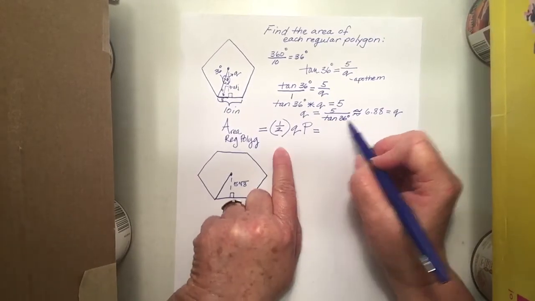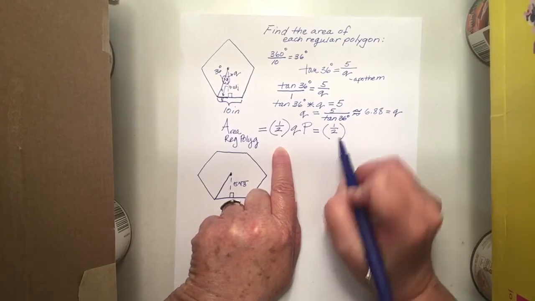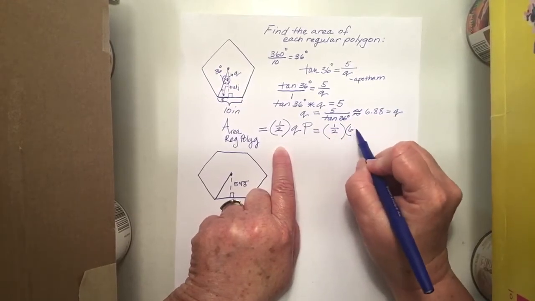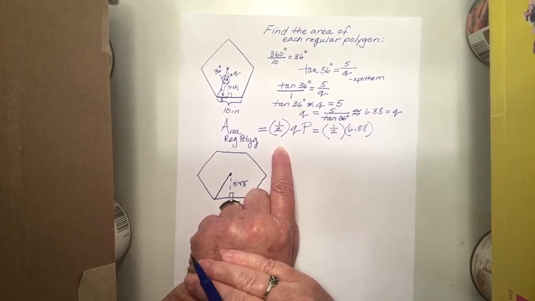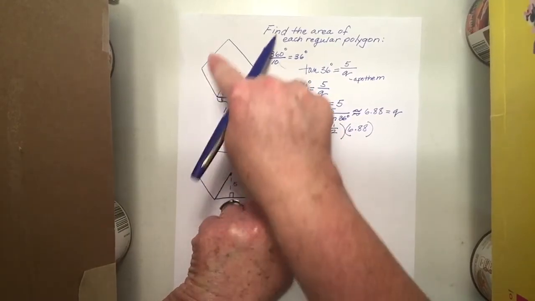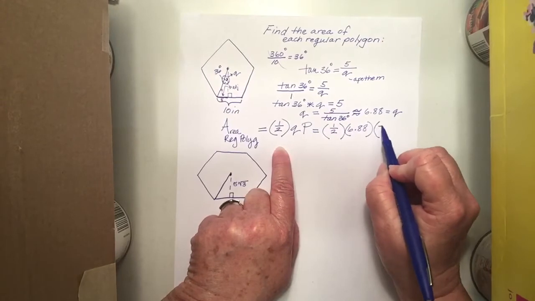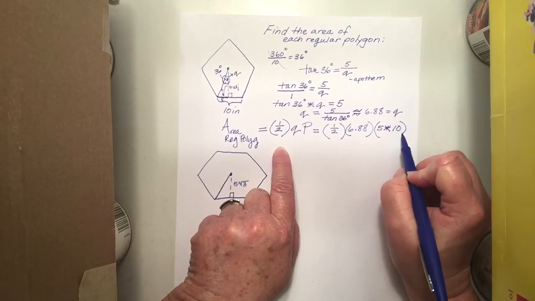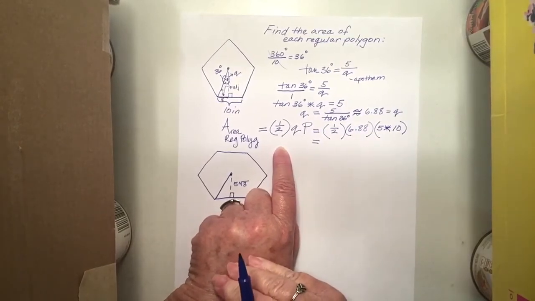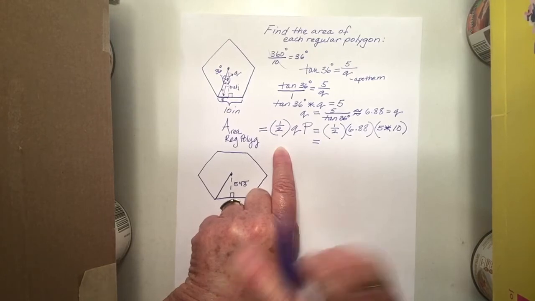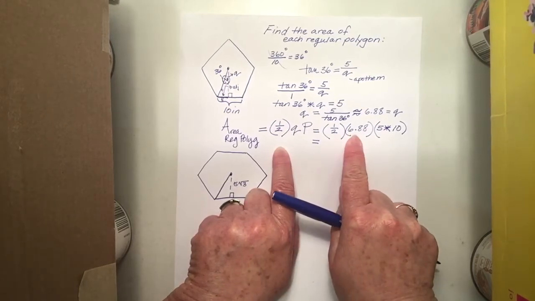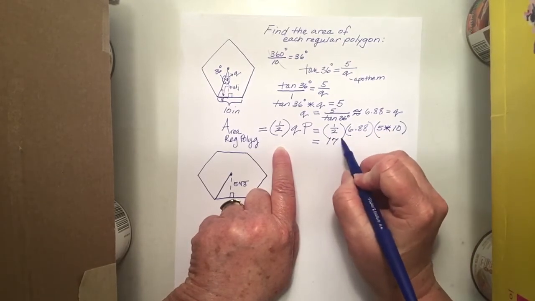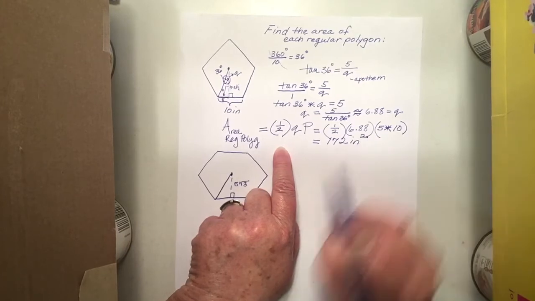For this problem, that would be 1/2 times the apothem length we just found, 6.88, times the perimeter. Of this polygon, there are 5 sides times 10 on each side. So the final answer is 1/2 times 6.88 times 5 times 10. It's 172 inches squared. Okay?